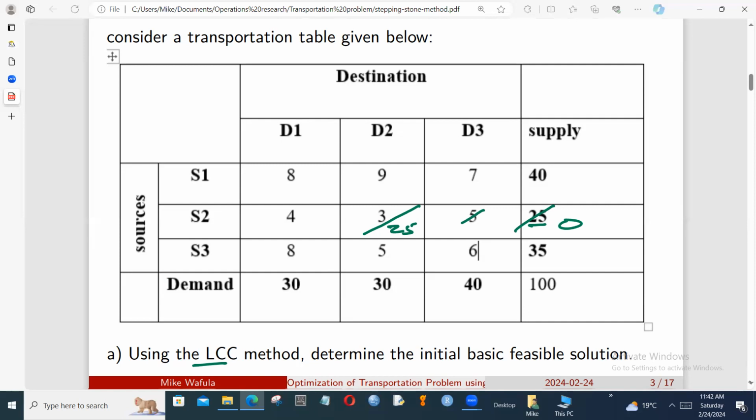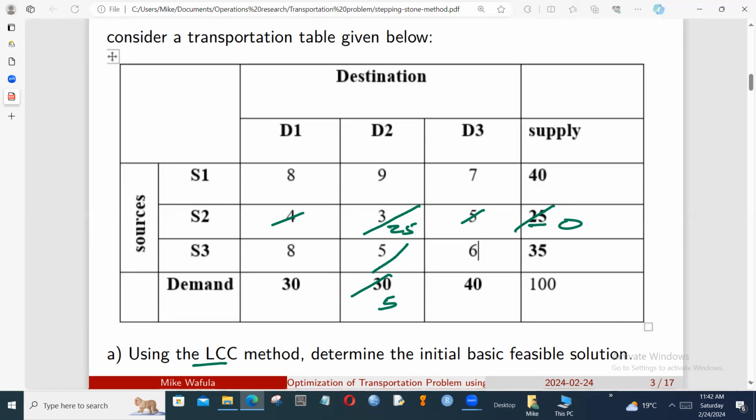And therefore, I'll have depleted what source 2 can offer. But then destination 2 will still have a deficit of 5, which will be received from a different source. Then from there, again, when I look at the remaining cells, you find that 5 is actually the least.